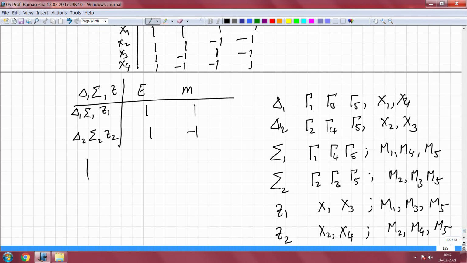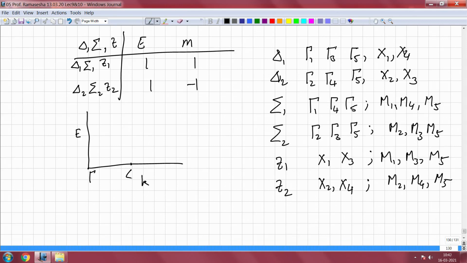For example, if I am going from say energy versus k, and I start with the gamma point here, and then I go to the delta point, then you would see that the two-dimensional representation like gamma 5, which is doubly degenerate, so if the state at this point has a symmetry gamma 5, then it breaks into two one-dimensional representations, which are delta 1 and delta 2.